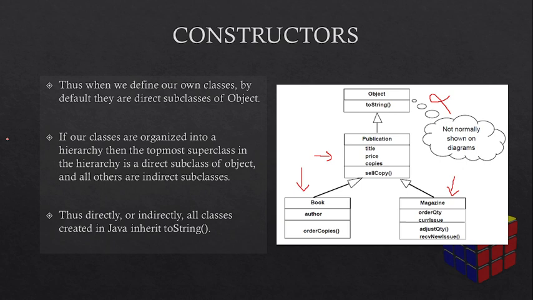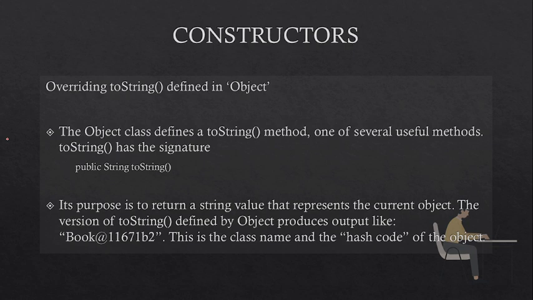So when we create a superclass, publication, your animal, your bank cards, kung mag-create ka mo sa Java, automatically may inherit siya nga to string. So one of the several useful methods has the signature to string. So its purpose is to return a string value that represents the current object.